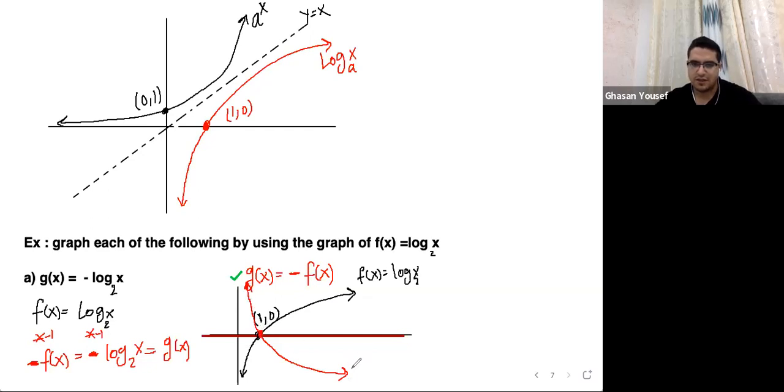So this is the function. The red one is the graph of the function g of x equal minus log x to the base 2. Any question for this one? Is it clear how we can graph the logarithm by using transformation?